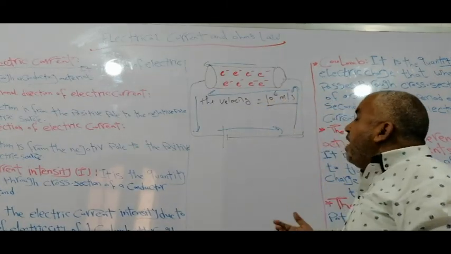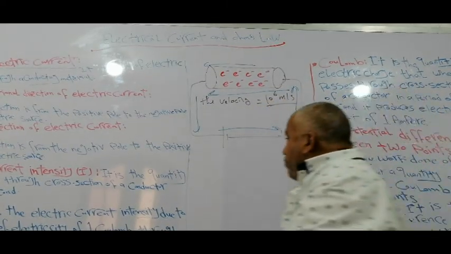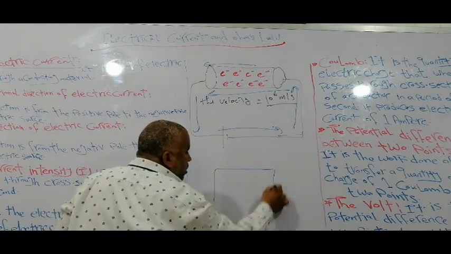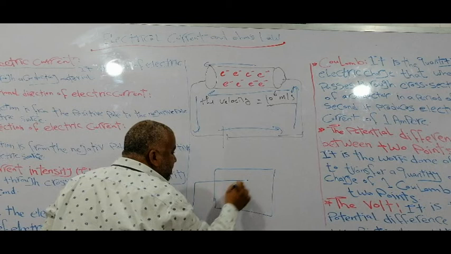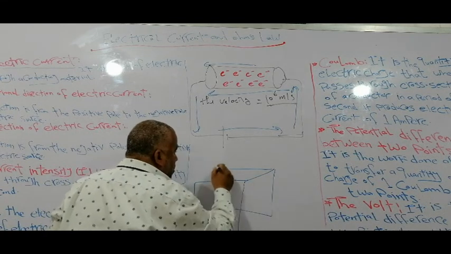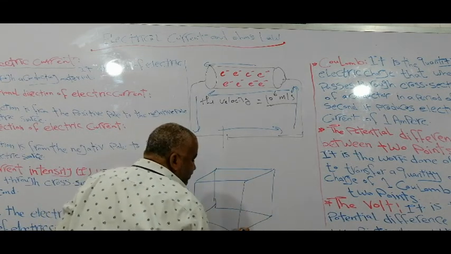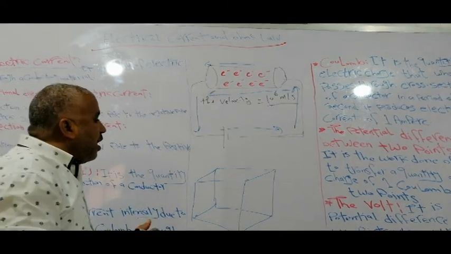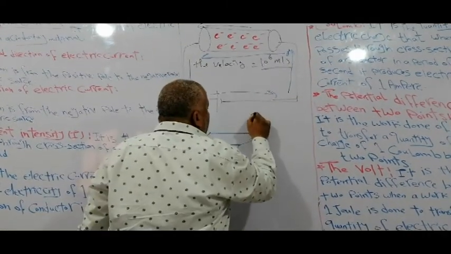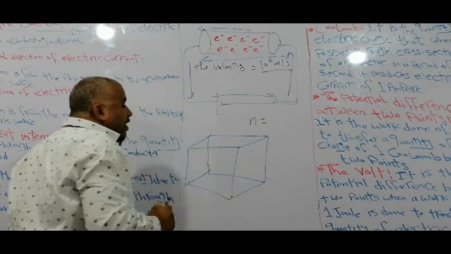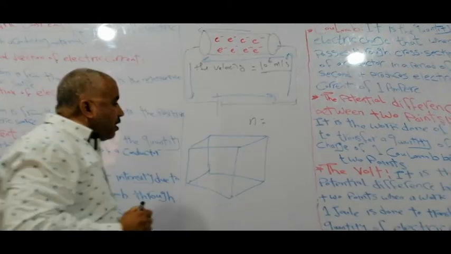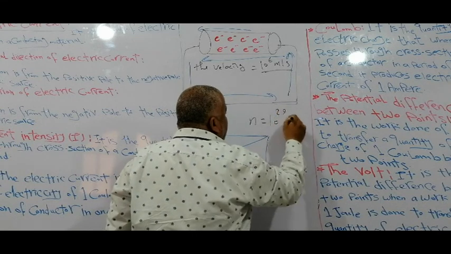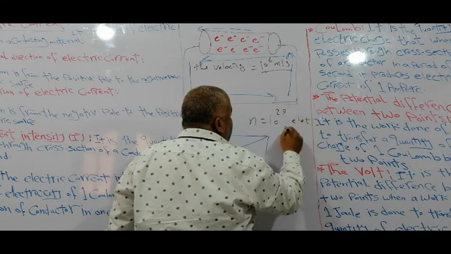But the number of electrons: if we have 1 cubic meter of copper, the number of free electrons in 1 cubic meter of copper equals 10 power 29 electrons.